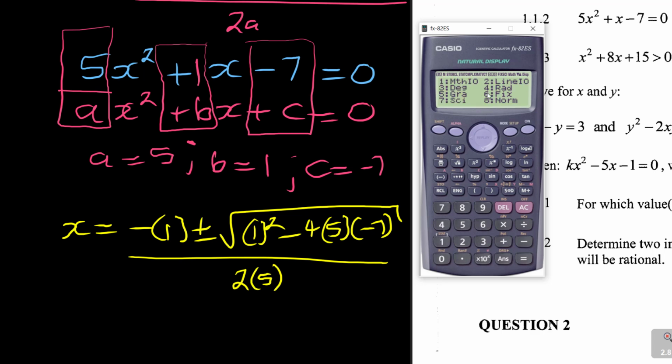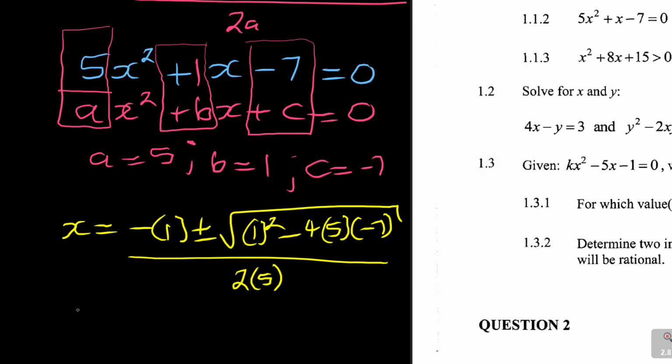Shift setup, we have to round off, let your calculator do that for you. You say 6 for fix and then 2 decimals, and then you say SD there: 1,09. You go backwards and then delete, put minus, equal to: 1,09 and minus 1,29. So these are my values of what x is equal to.